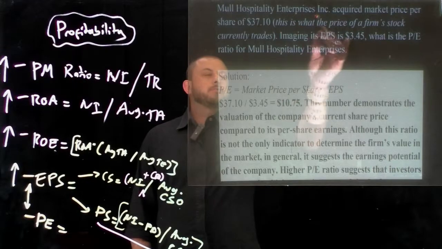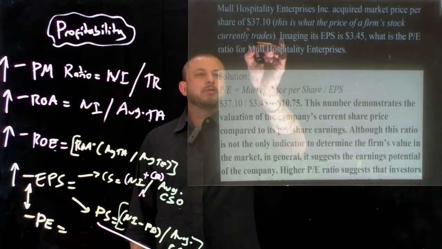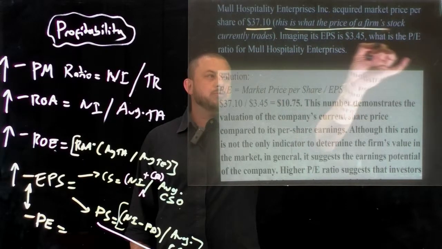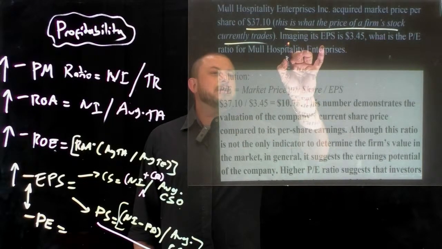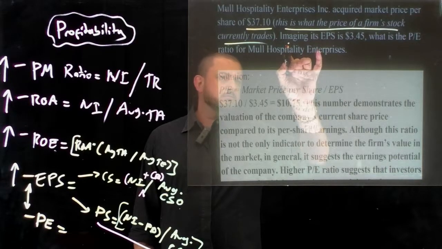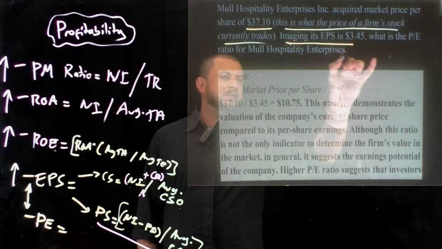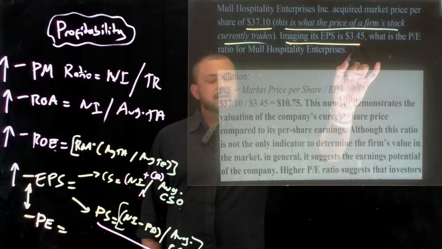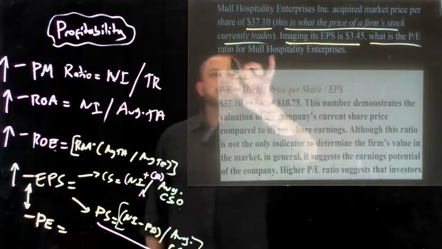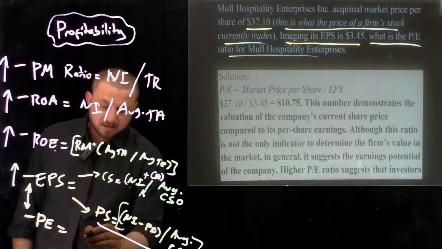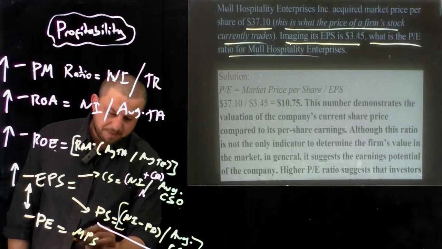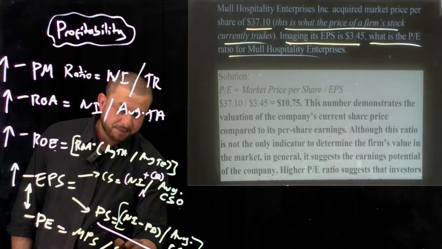Mall Hospitality Enterprise's market price per share is $37.10. This is what the price of the firm's stock currently trades at. Imagine its EPS is $3.45. What is the PE ratio for Mall? Again, the PE ratio goes hand in hand with EPS because it is market price per share, MPS, over EPS.